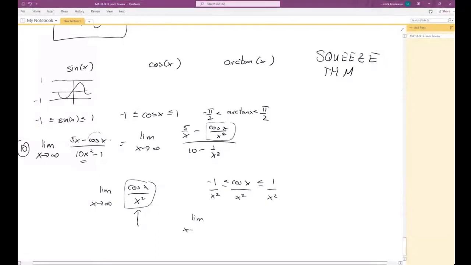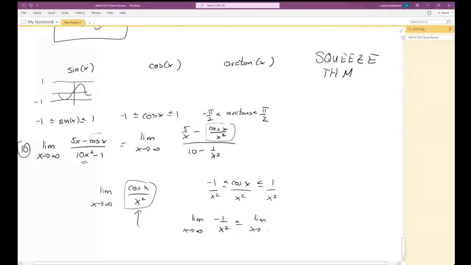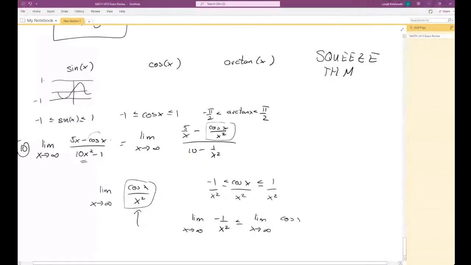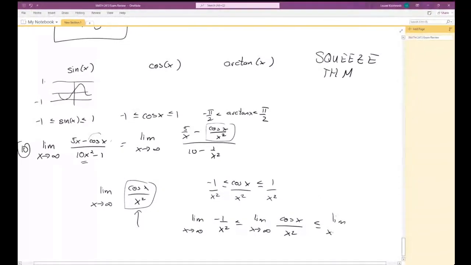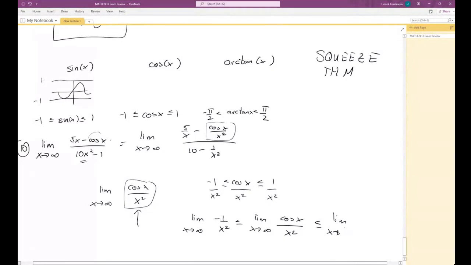So we take a limit as x goes to infinity.